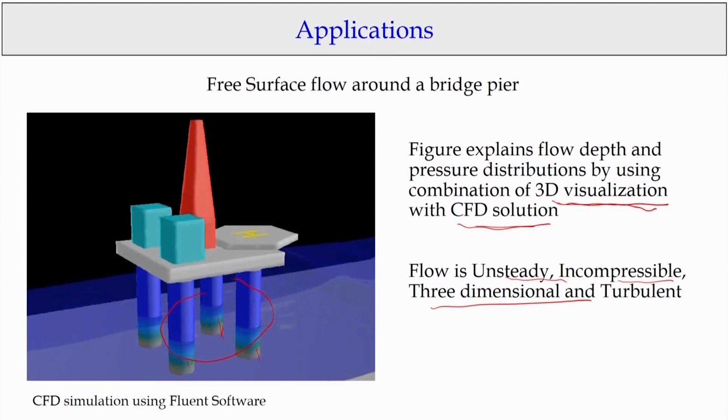It is possible nowadays to solve the full turbulent Navier-Stokes equations with some approximations. So, that is my point: even if I just talk about the control volume concept, which is a very gross characteristic, today it is possible to have these 3D visualizations and CFD solutions which give us real life problems like what I am showing, a free-surface flow around a bridge, the breaking of the waves, and also the pressure distributions changing from pier to pier.